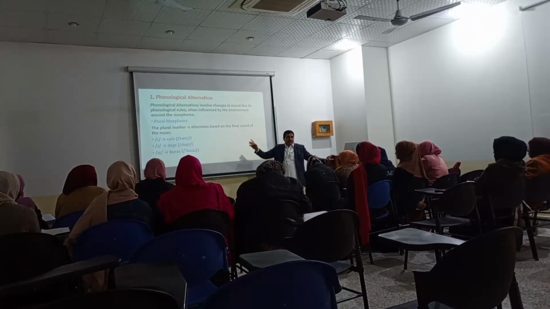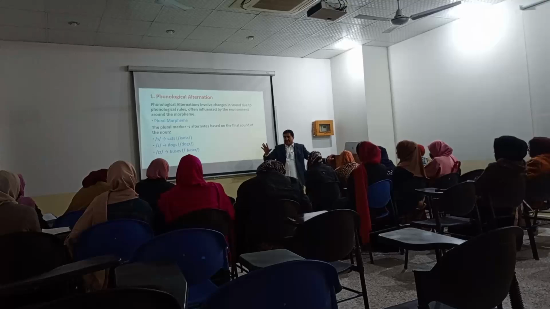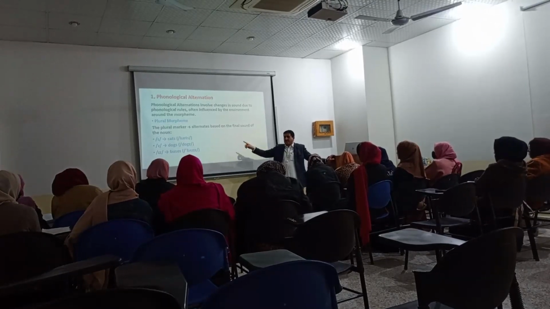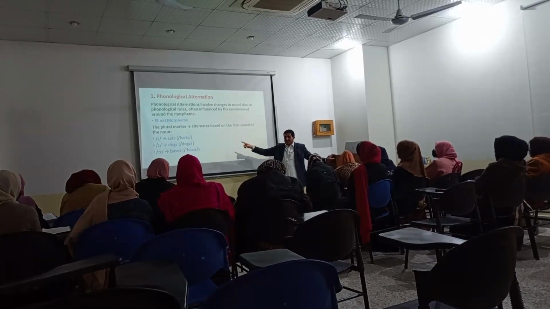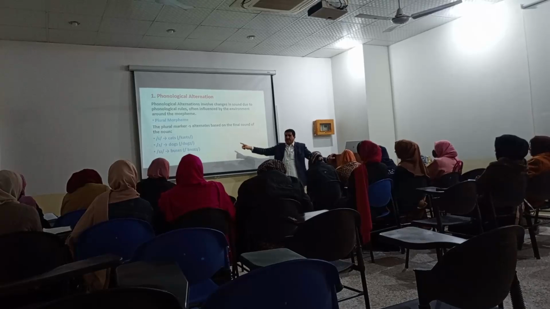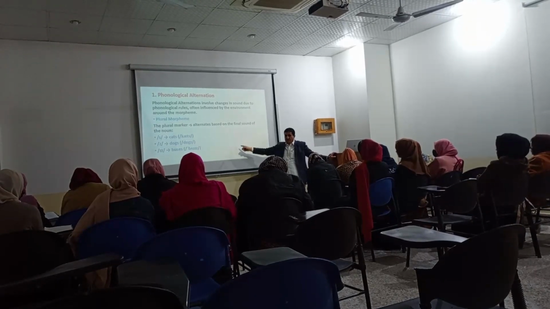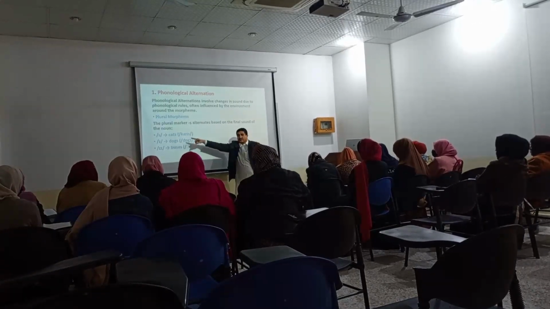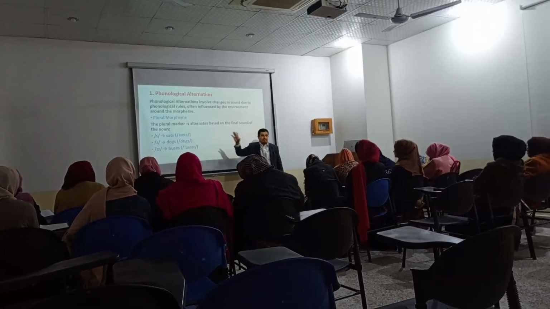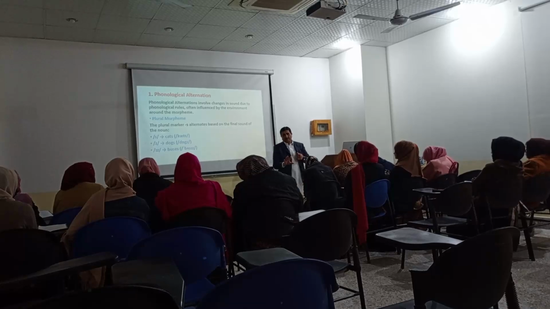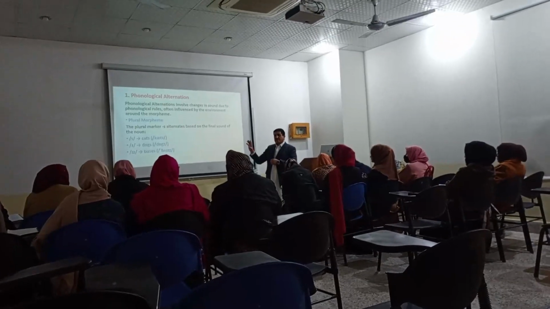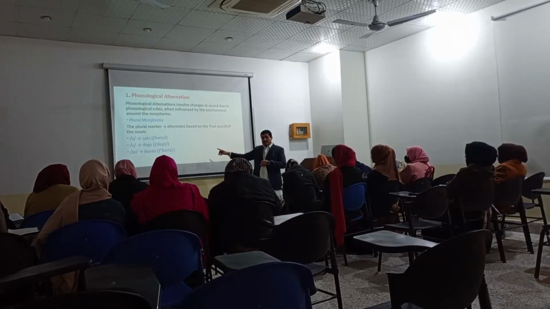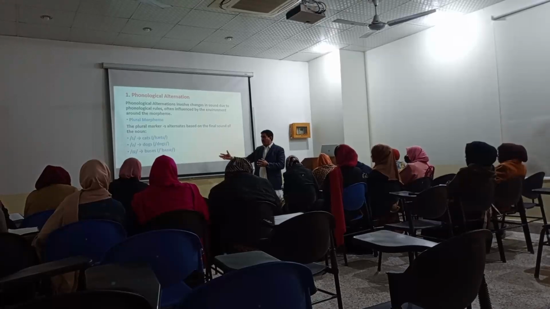So when we make cat into cats, the same morpheme is realized in the same way as the morpheme. This morph is realized as the morpheme because the morpheme was s and the morph is also s. The actual realization is also s.